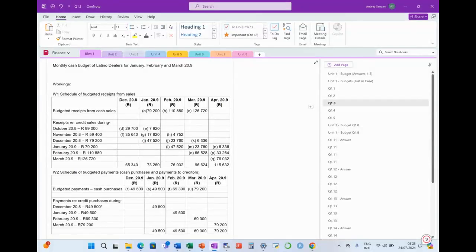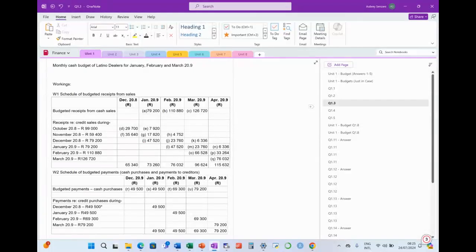Which requirement? We read the requirement first. That's the first thing we started with. So again, under the required, it says prepare the monthly cash budget of Latino dealers for January, February, and March. I'm very sure. How many say none of those figures? We don't even need income tax.